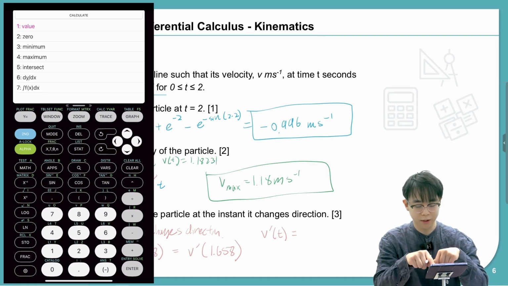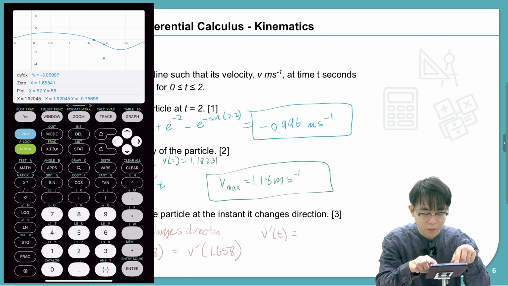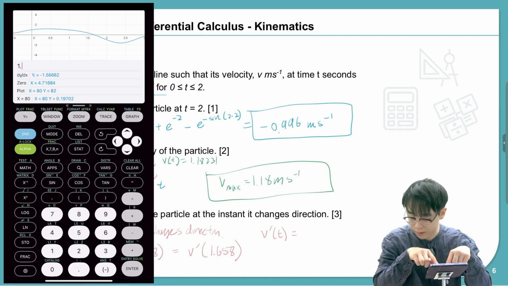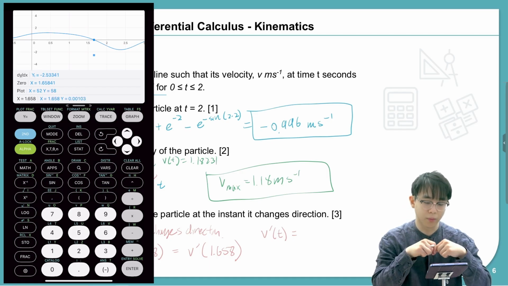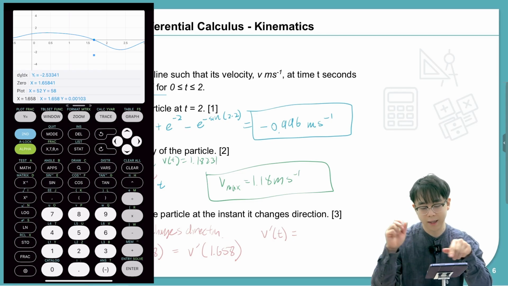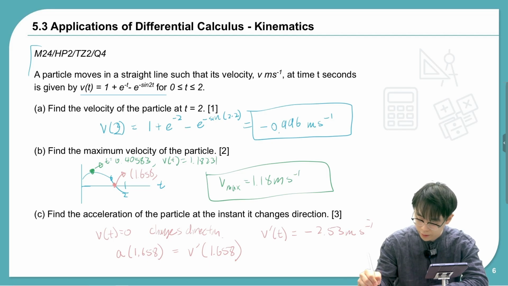So second trace number 6, we can find dy over dx directly when our x value is 1.658. So when x is 1.658, we have our 0, and our acceleration, or v prime t, is going to be negative 2.53 meters per second squared.